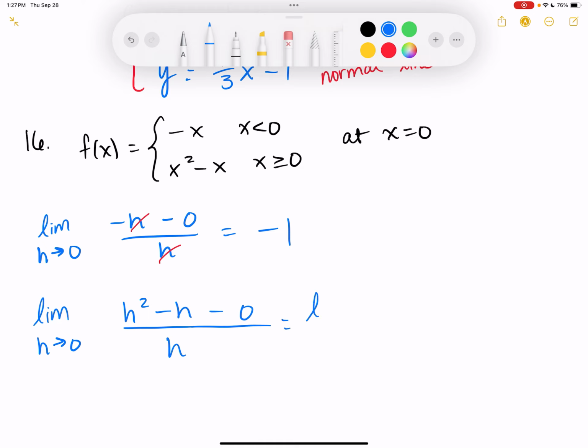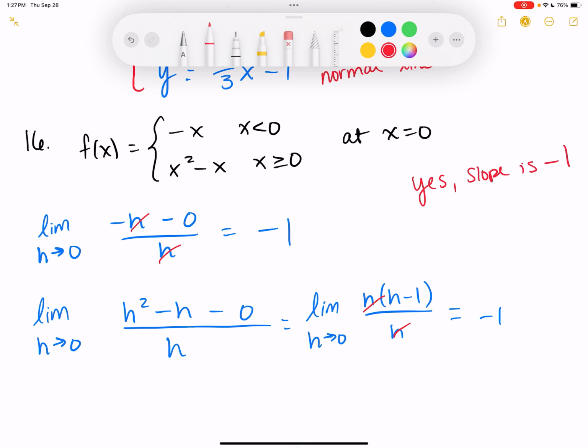So then the limit as h approaches 0 of h times h minus 1 all over h. So my h's cancel. So this is -1. So yes, it has a tangent at the indicated point. The slope is -1.